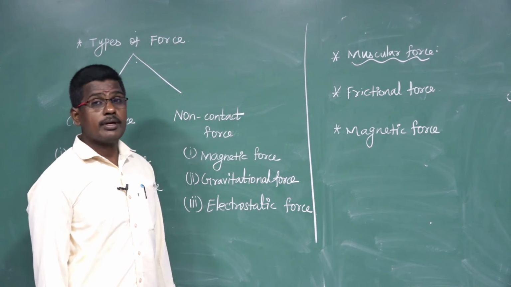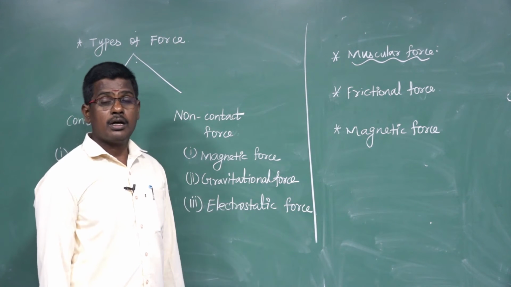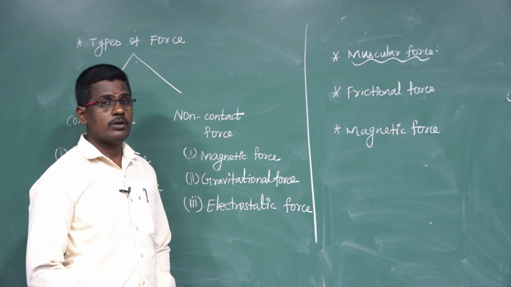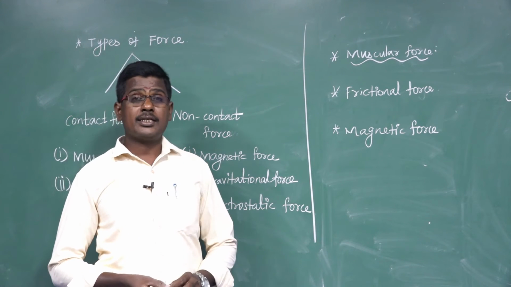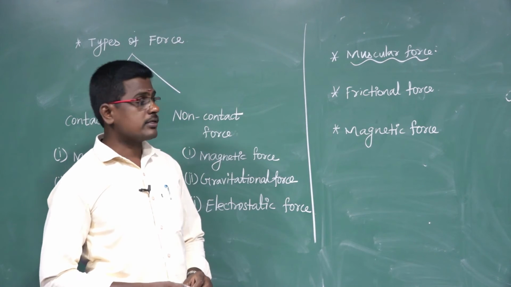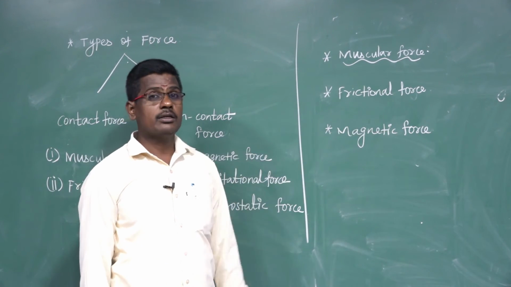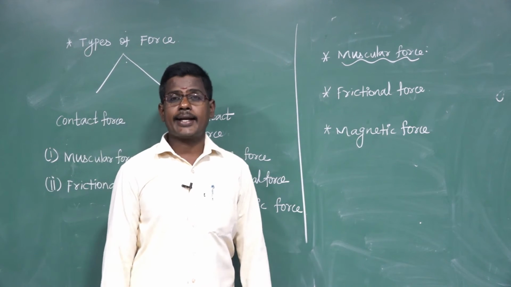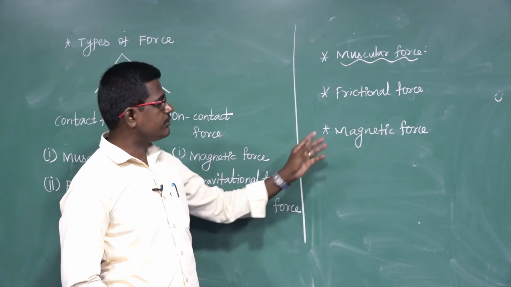The force exerted by a magnet on iron pieces or iron filings is called magnetic force. Example: the attraction between a magnet and iron filings.